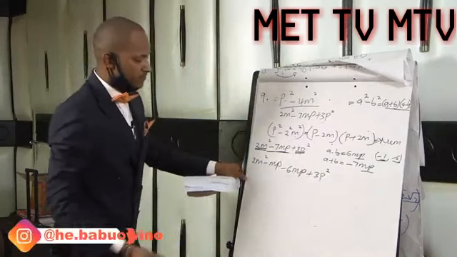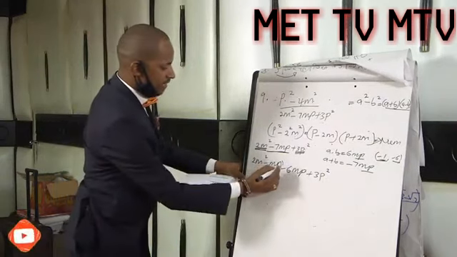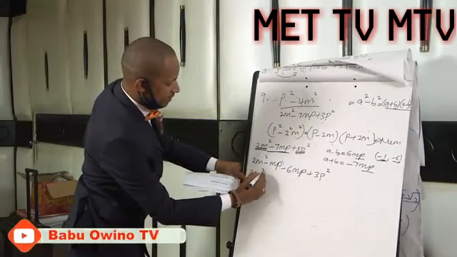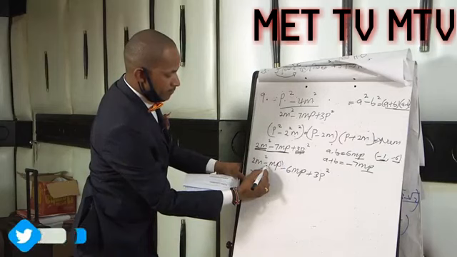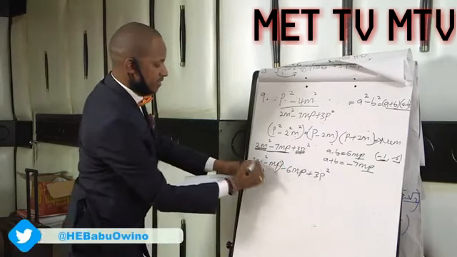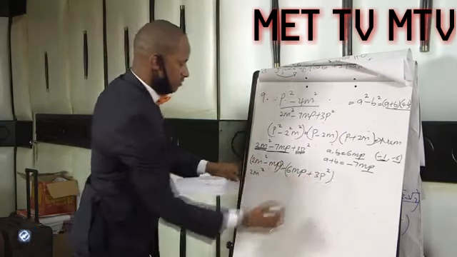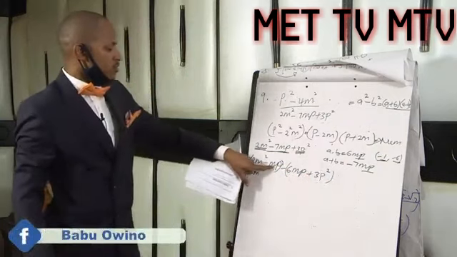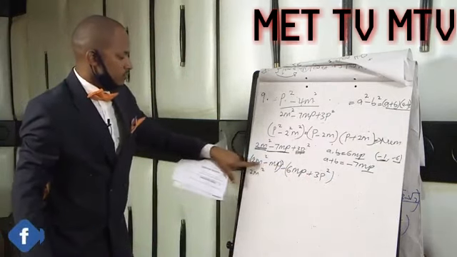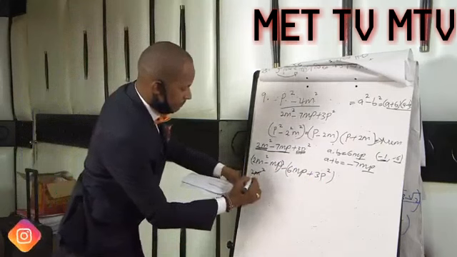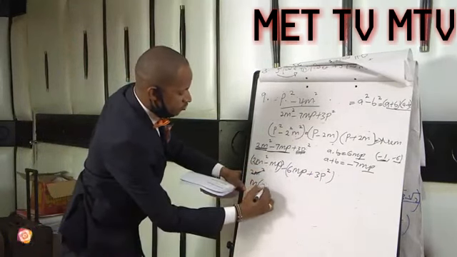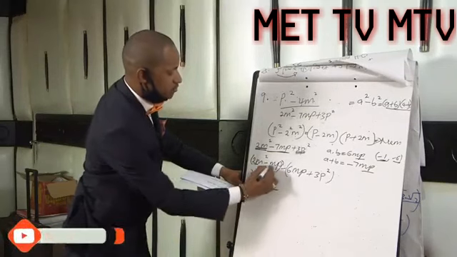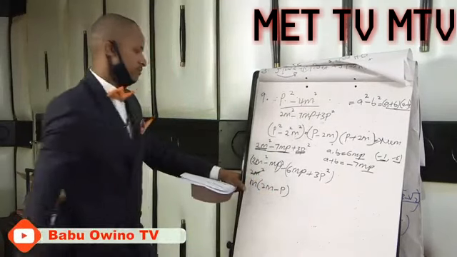Then you simplify this by collecting the like terms. Simplify this side of the equation and this side of the equation. What is common in these two is m. m goes into 2m squared 2m times, and minus m goes into minus mp p times.